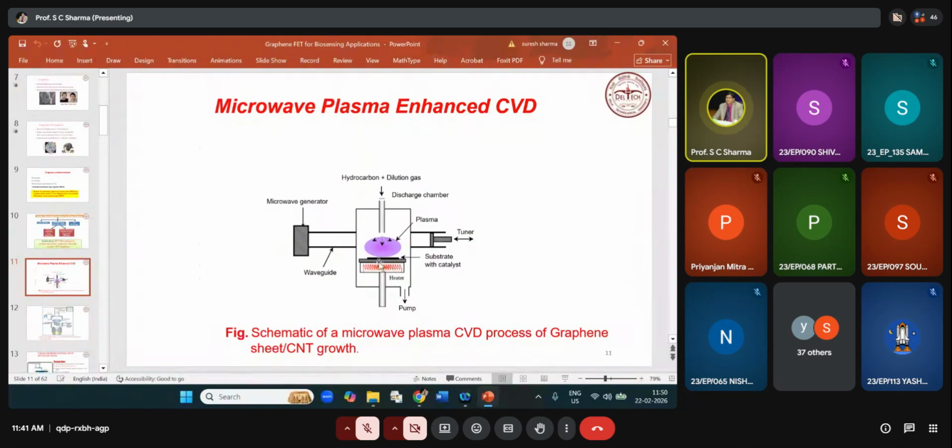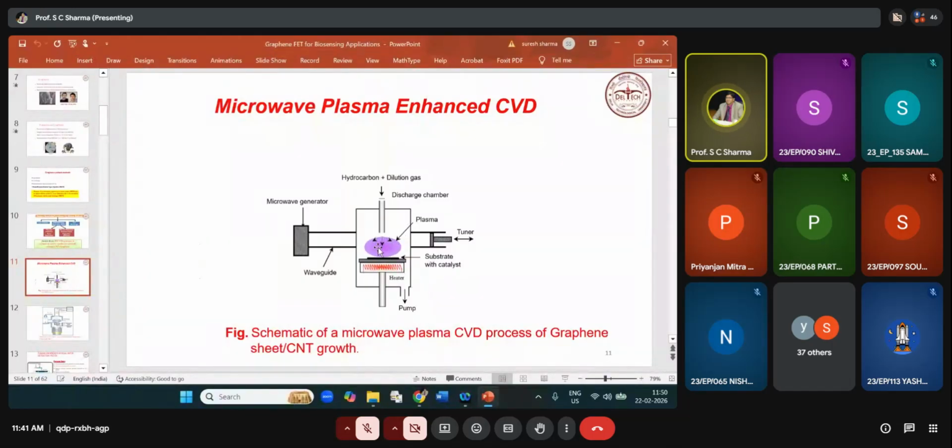The plasma is either 1 electron volt or even 0.5 electron volt, and 1 electron volt is equal to 1.15 into 10 raised to the power 4 Kelvin, so the plasma is at that much temperature. Number one, it maintains the substrate temperature. Number two, by exposing the catalyst film to plasma, we get nanoparticles, meaning the nano size film is converted into nanoparticles, which we require for the growth of carbon nanotube and graphene.